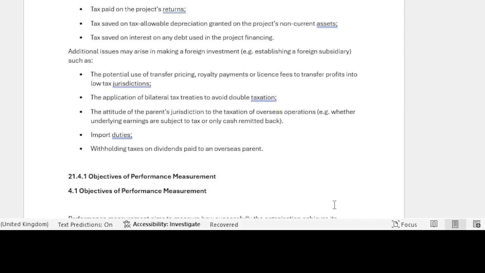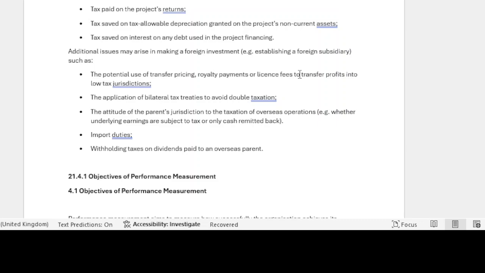Let's say, for example, in the statements we'll have something like the net profit before interest and tax, and then we'll deduct the interest, and then we can compute the taxation. So it gives you a tax allowable on the debt that you've taken on for project financing in terms of interest charged by the finance provider.